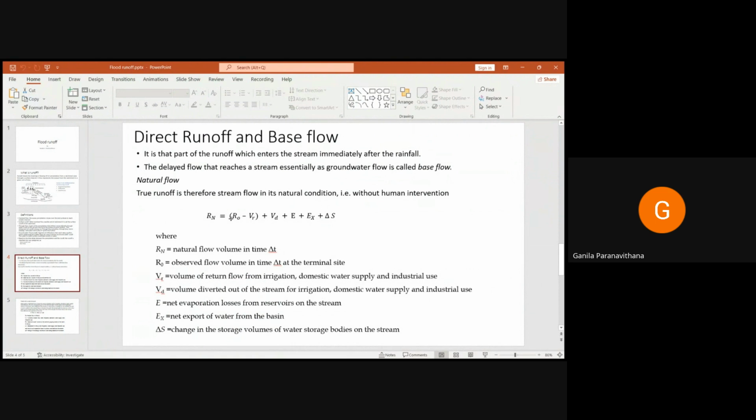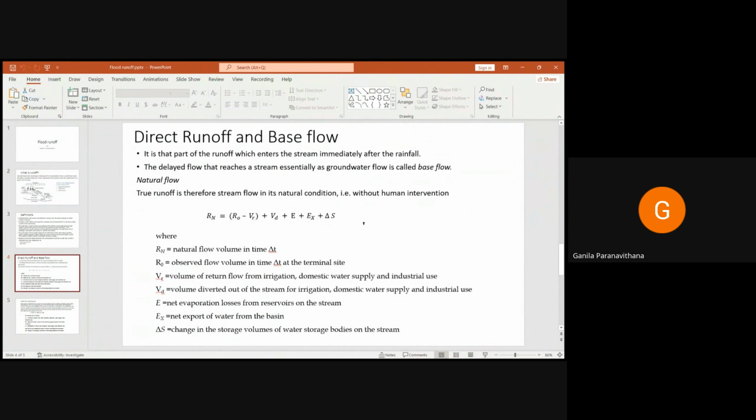Let's say at an outlet, if you observe the runoff, that is R naught, and I'm going to show you a video of flow measurements for runoff. Now VR has to be deducted. VR represents the volume of return flow from irrigation, domestic water supply, and industrial use.